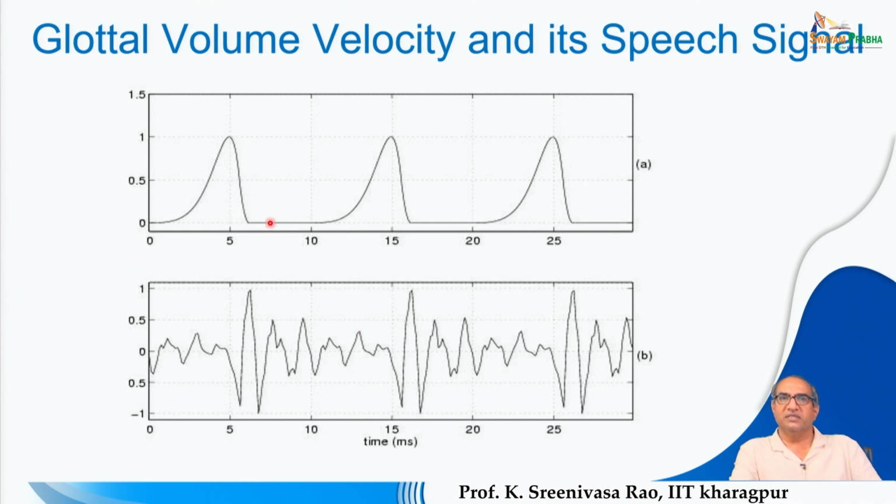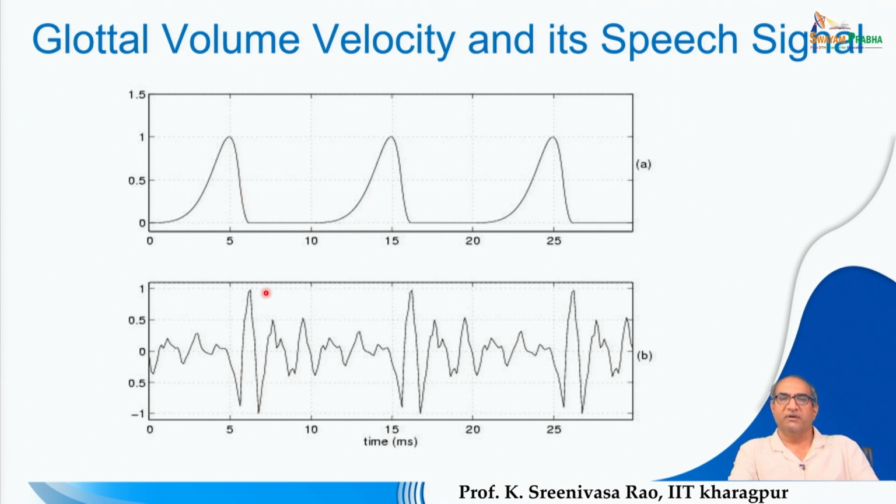The figure at the top is the excitation signal, and when you propagate this excitation signal through the oral cavity, the resonance characteristics will be superimposed on that. So with that we get the resulting speech, and this is the speech signal corresponding to this excitation.